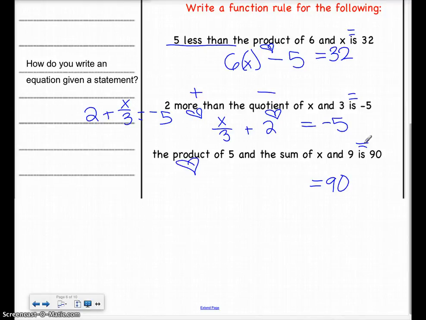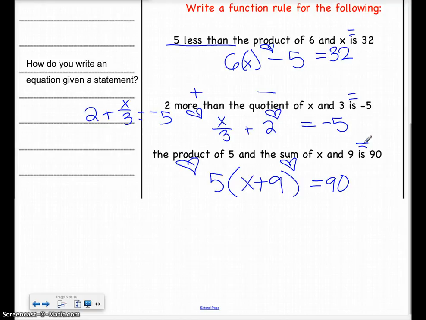I have product and sum, so I have 2 vocab words, which tells me I need parentheses. So this is the product of 5, there's my parentheses, and the sum of x and 9, so x plus 9, is 90.